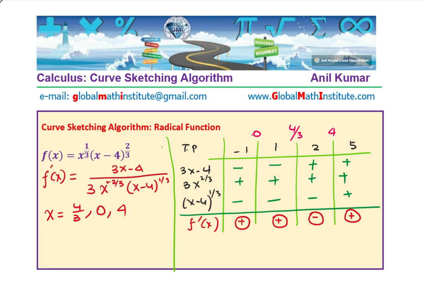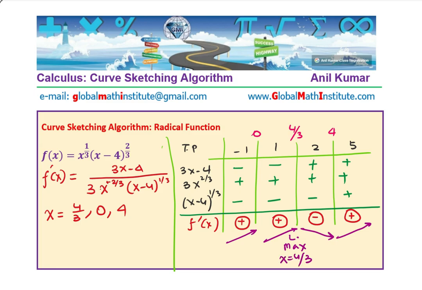So, if the first derivative is positive, that means that the graph is increasing, right? When negative, it will be decreasing. When positive, increasing. And clearly, we have a local maximum at a point where x is equal to 4 over 3, correct?